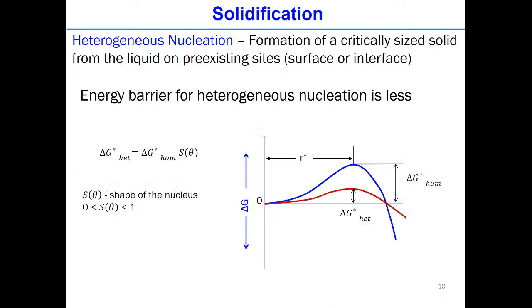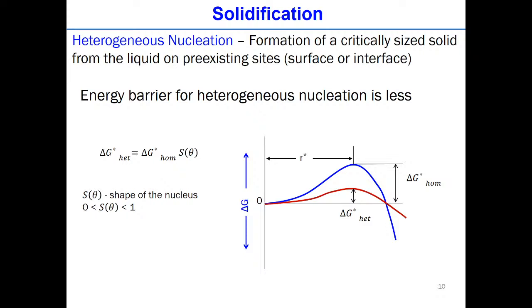So in the case of the heterogeneous nucleation process, the driving force is expressed as a function of theta. Theta decides the shape of the nucleus. For homogeneous nucleation, we assume the nucleus is in the form of a sphere.